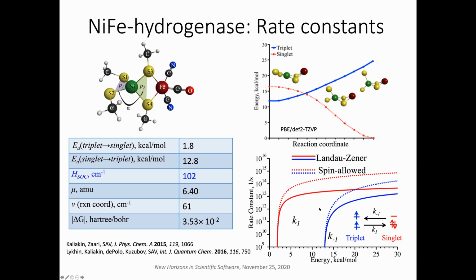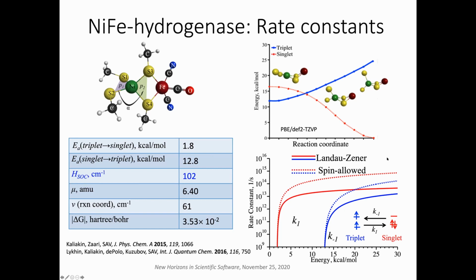We get forward and backward rate constants for the transition between these two states, singlet and triplet. In this case, we're comparing the solid lines, which are our calculation, with a spin-allowed transition, where you assume there is no hindrance and you go on the adiabatic surface from one state to another with 100% probability.